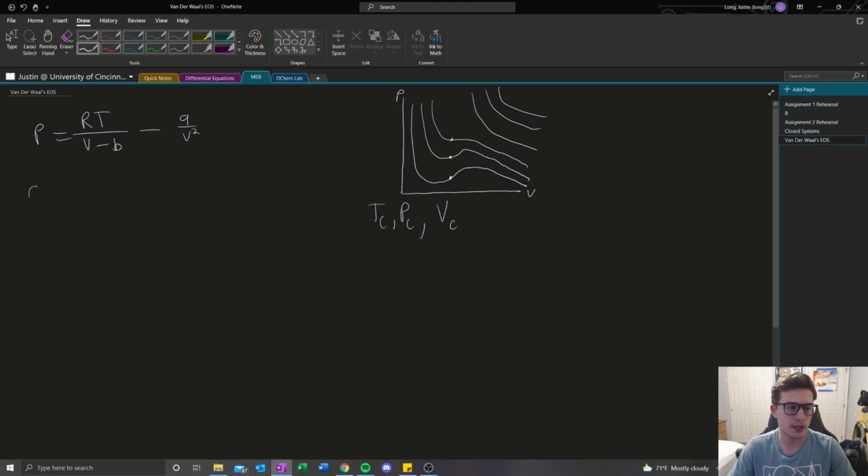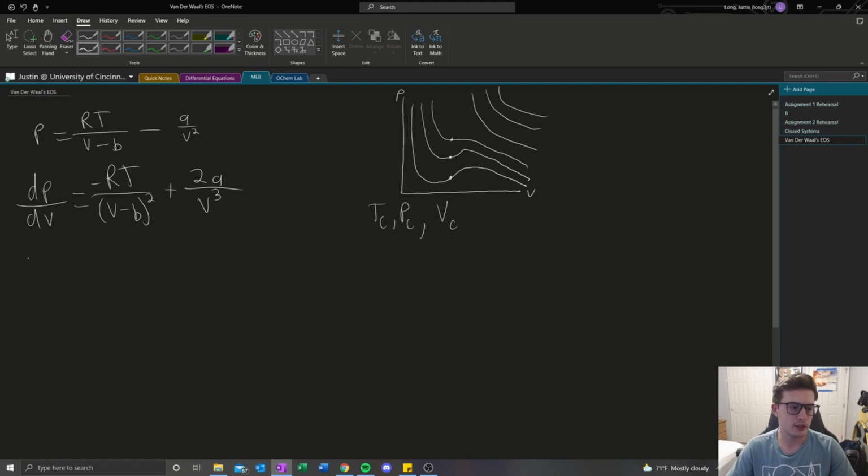So I'm going to go ahead and take the first derivative and the second derivative. So we've got RT over (V minus B) squared plus 2A over volume cubed.